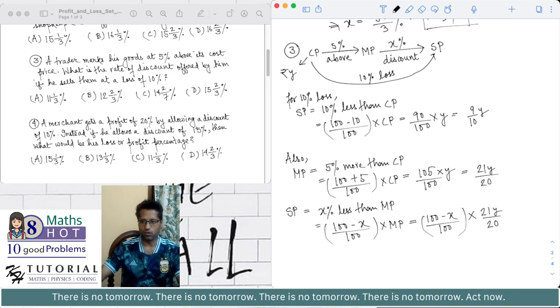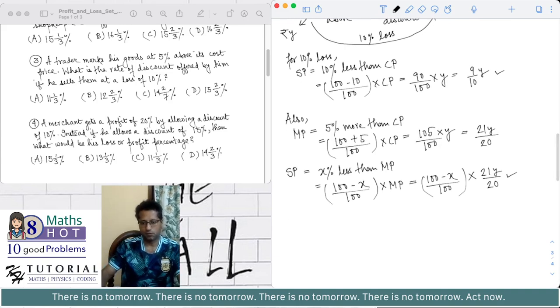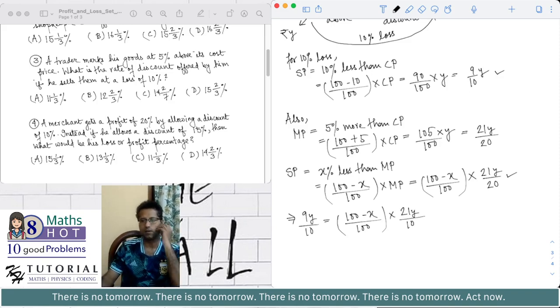So now we can equate this selling price and this selling price as they are the same. So we can say that 9y by 10 is equal to (100 minus x) divided by 100 multiplied by 21 by 20.